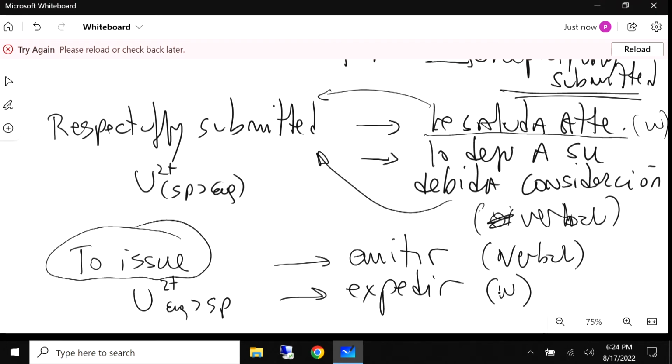But if it is written, it's "expedir," and we don't have any other synonyms for "expedir" when it's written. So you cannot use "pronunciar" as a synonym for "expedir," because by definition, "pronunciar" is verbal. And so is "emitir," unless you're talking about "emitir billetes de dinero," which is a different thing. So this idea is very, very critical, very important.